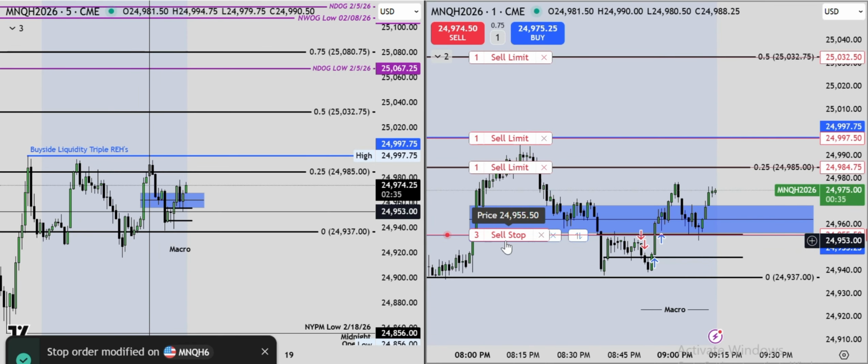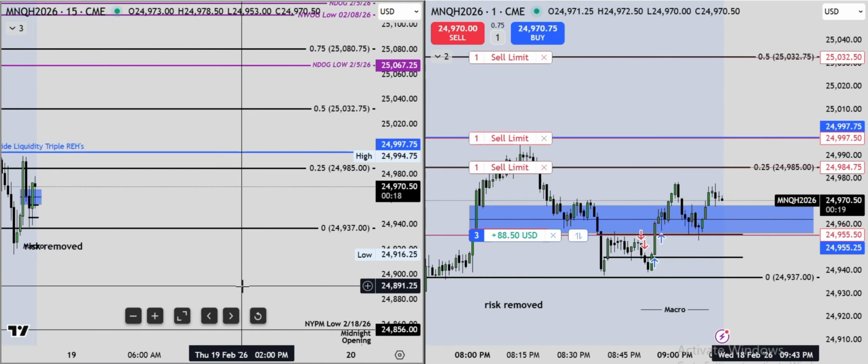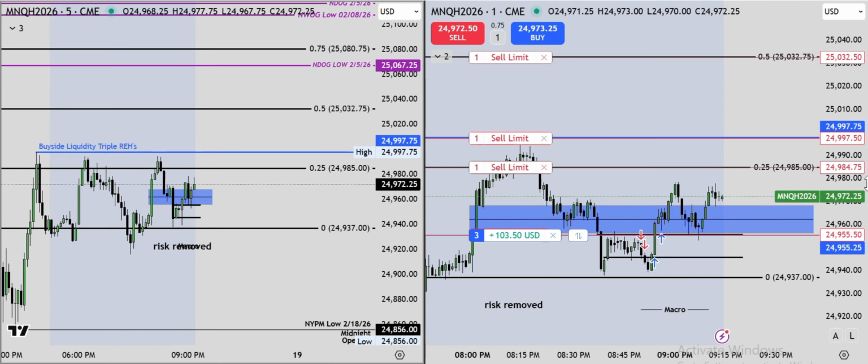I know that price likes to draw to these quadrant levels. Price is reacting off these levels, and I also understand that price likes to disrupt smooth relative equal highs, and we have a triple relative equal high. So it's even more of an indicator for me that we're likely to move up to there.